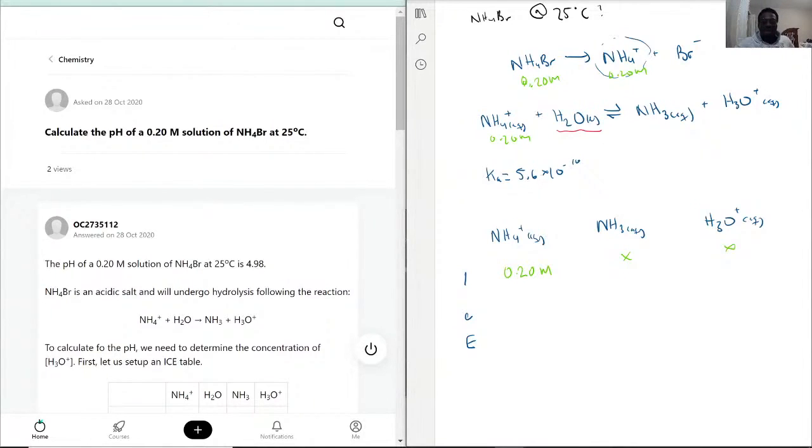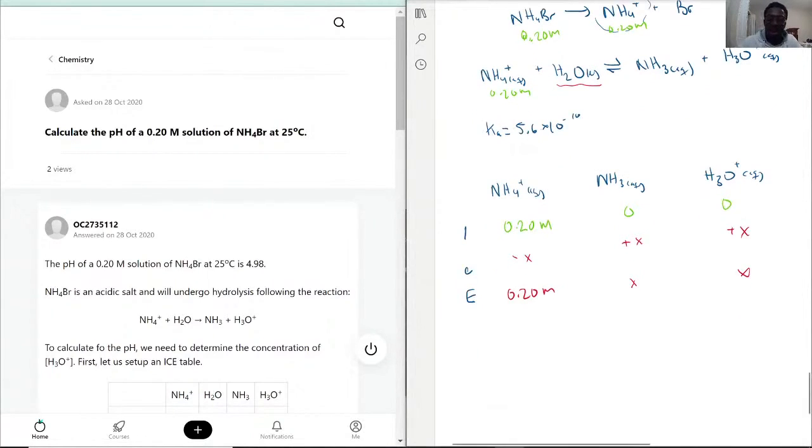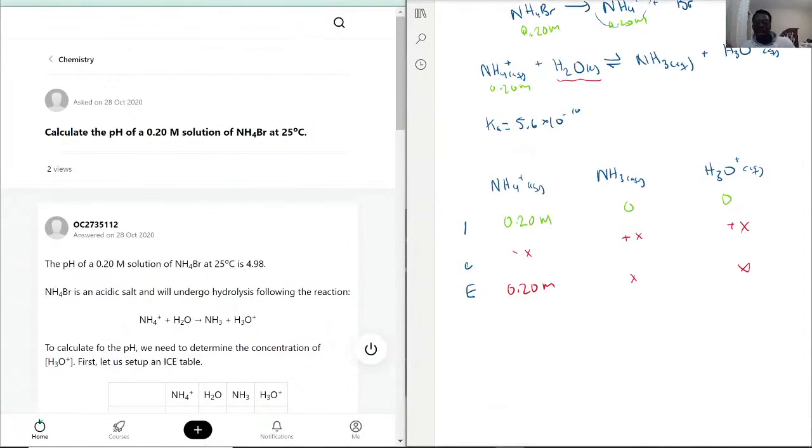So now we want to see what changes. It's going to be minus x, and plus x, plus x. Whoops, those should be zeros, not x's, for the initial. So now we have two x's to symbolize how much H3O and NH3 was made, and this would be 0.20 moles minus x. Now, as I noticed, the concentration is so much stronger than the Ka value.